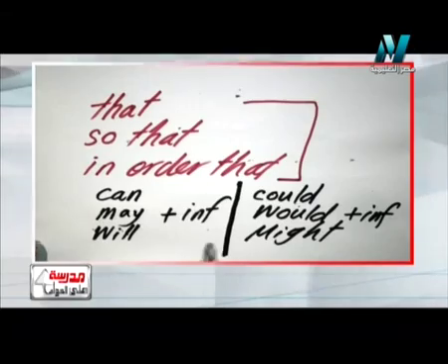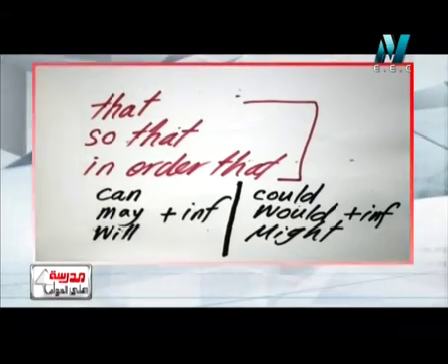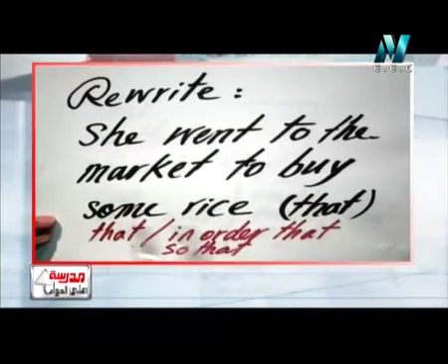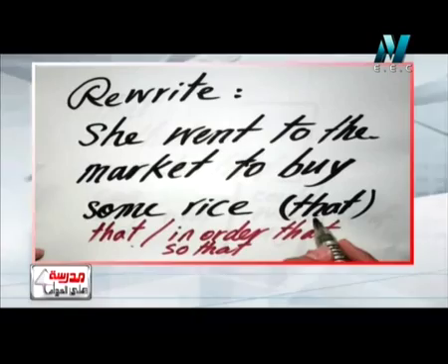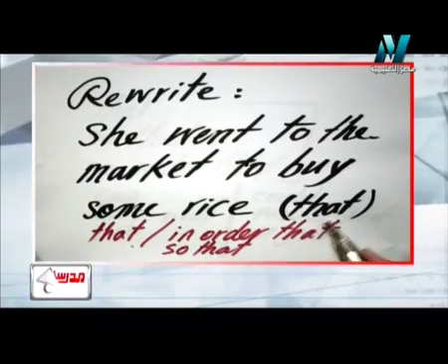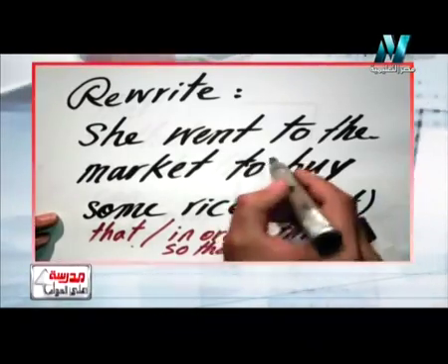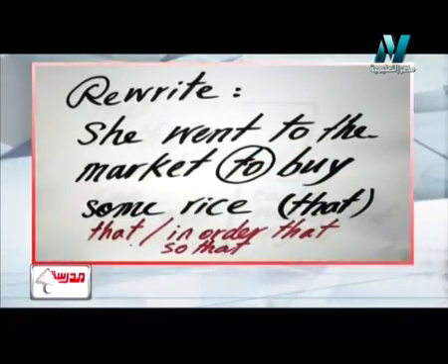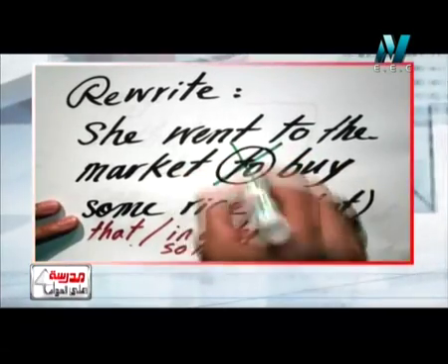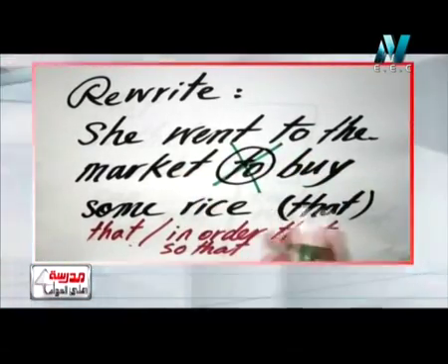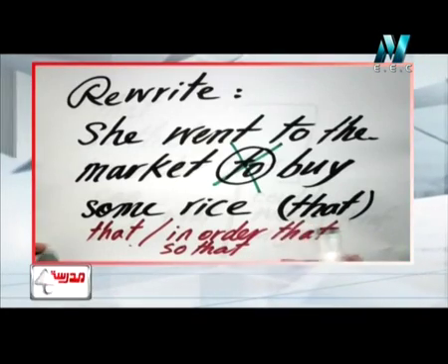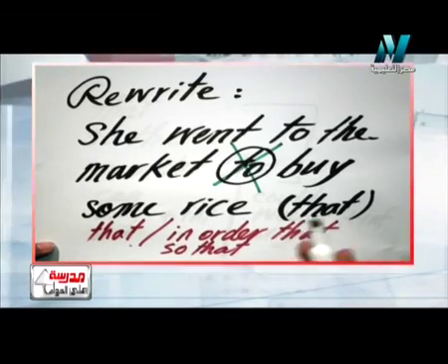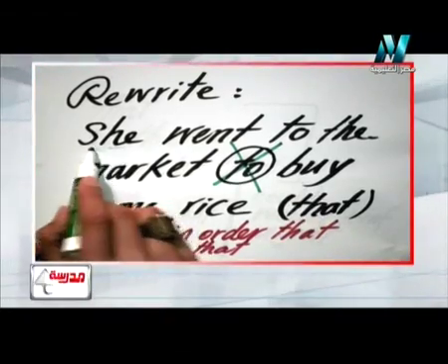So, let's practice. She went to the market to buy some rice. If we want to use that or in order that, we're going to omit to. As we have just explained, to is usually followed by infinitive, so we omit it. And we put that, in order that, so that, followed by a sentence. So where is the subject of the sentence? She.